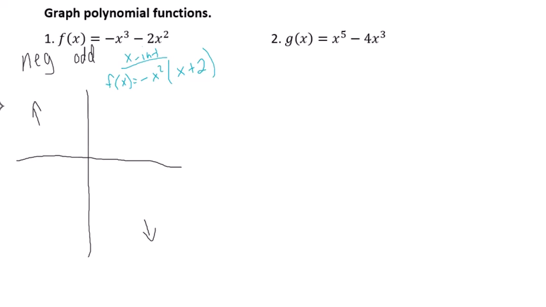So here we can see that we have x equals 0 and x plus 2 equals 0, which is x equals negative 2. This is x squared, so this has a multiplicity of 2, and this has a multiplicity of 1.